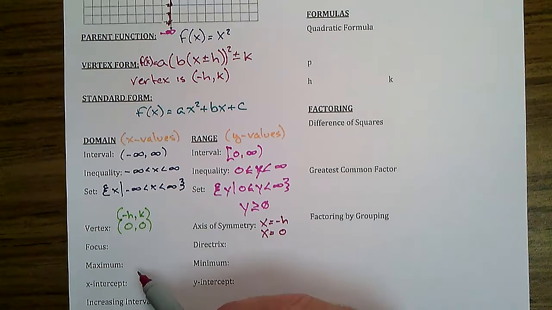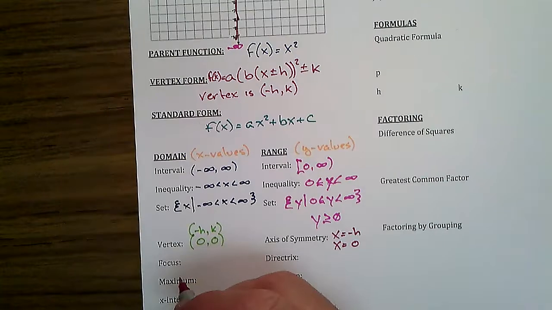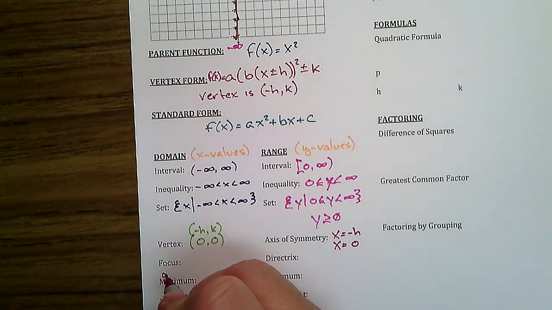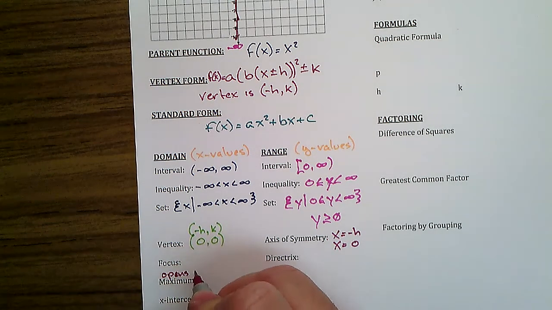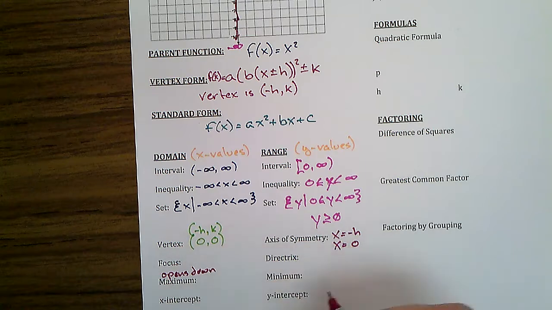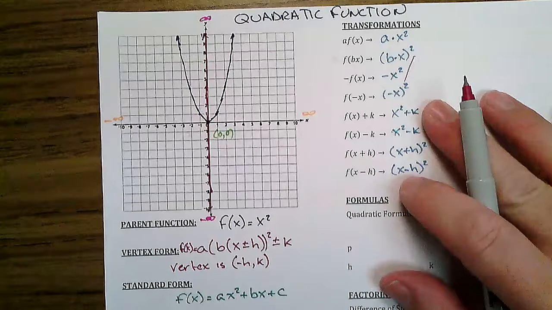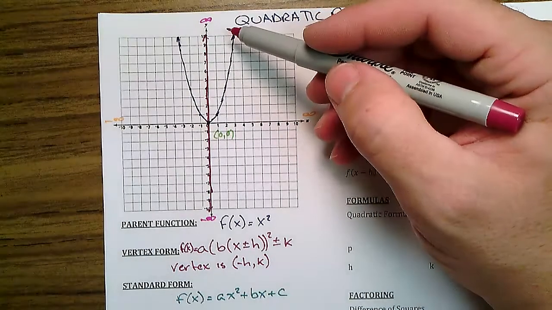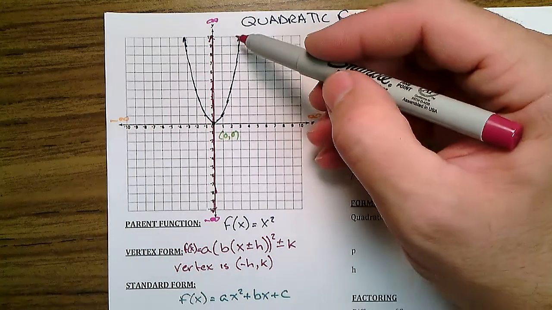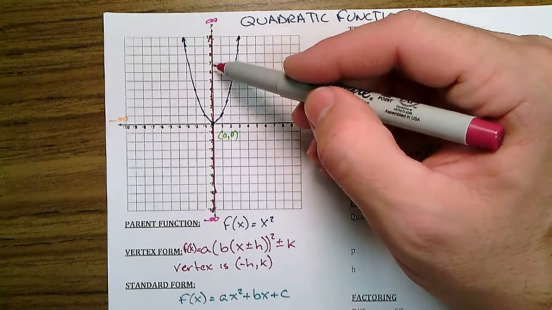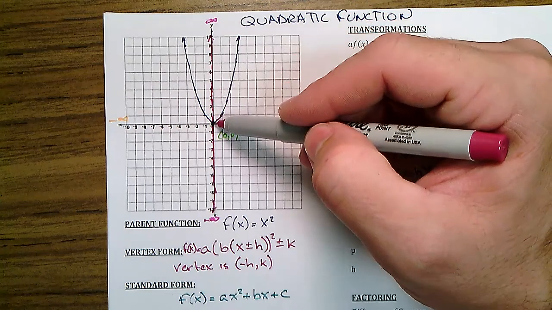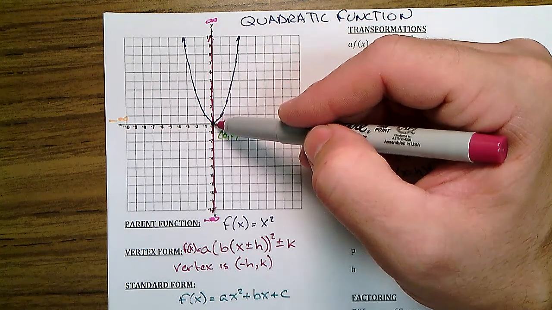Now, for this function, you're going to have a maximum if it opens down, and a minimum if it opens up. So if we look at our graph, we can see that it's opening up, so it's going to have a minimum. And our minimum is going to be that lowest y value, the bottom of the valley, which in this case is going to be our vertex.